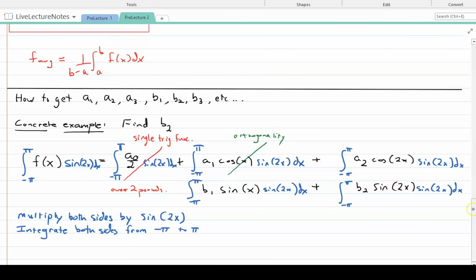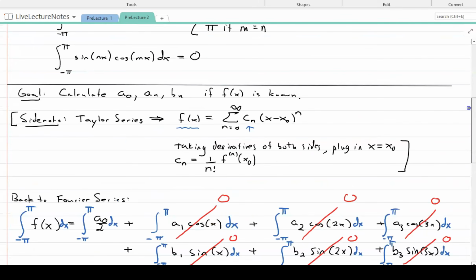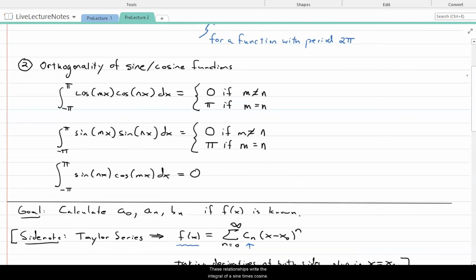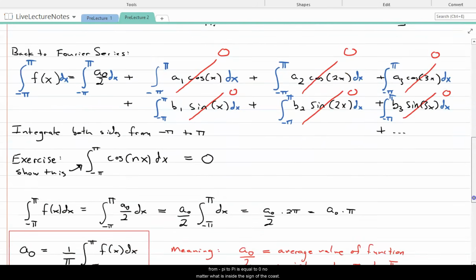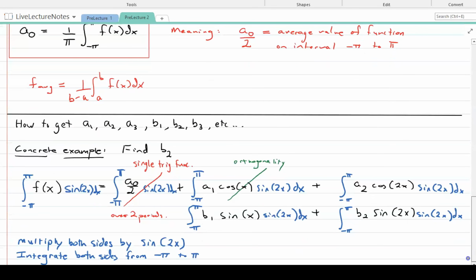I'm using these relationships from above: the integral of a sine times a cosine from minus pi to pi is equal to 0, no matter what is inside the sine and the cosine. Same thing here. This is 0.